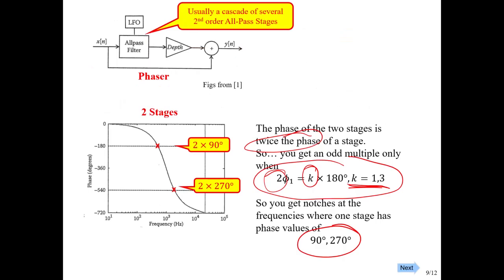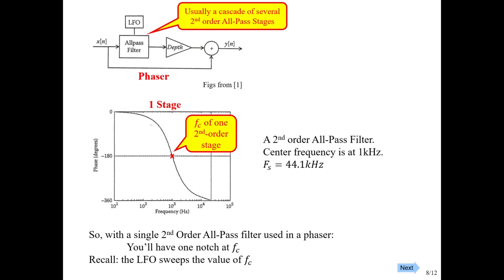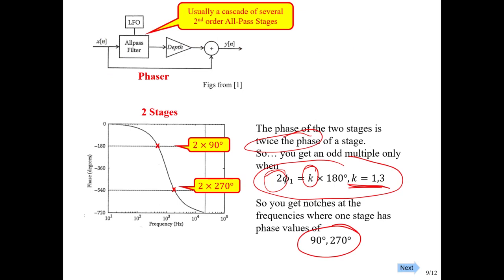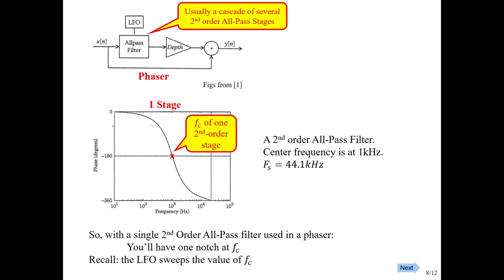So now we can come back to our 1-stage thing and say, I forgot the numbers that I need, 60, 180, 300. We can come back here and say, 60, 180, and 300. So those would be the frequencies where we would have our notches for a 3-stage phaser based upon this single-stage phase.